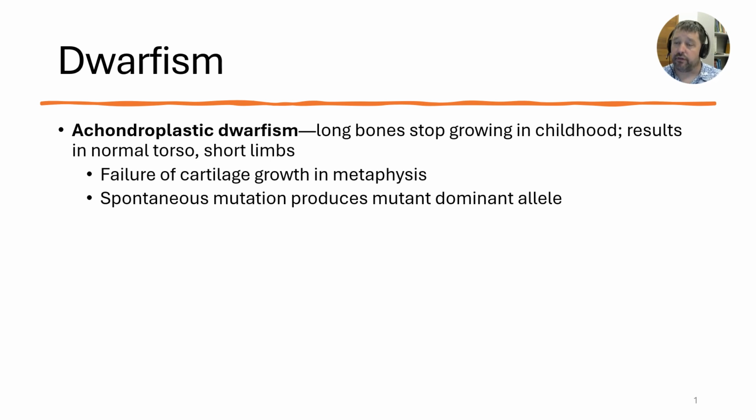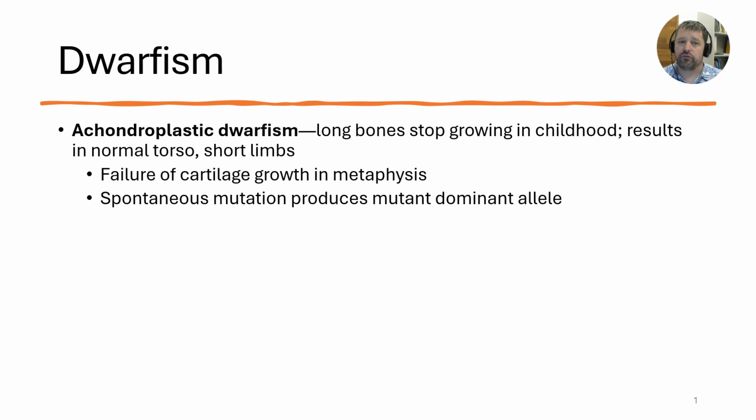The flat bones, on the other hand, continuously grow, and they get to normal size. So what you have is an individual that has achondroplastic dwarfism. Their limbs tend to be shorter, but their torso and their head all look like they're normal size.